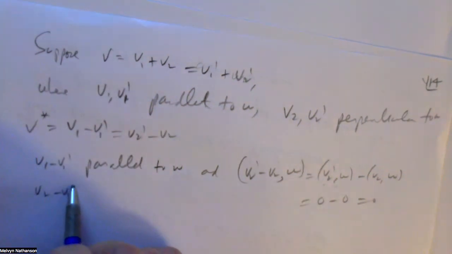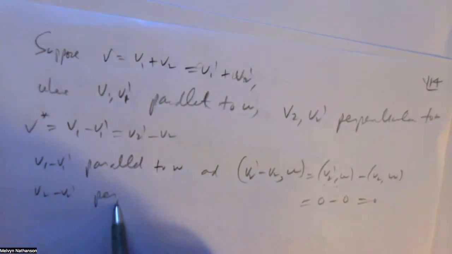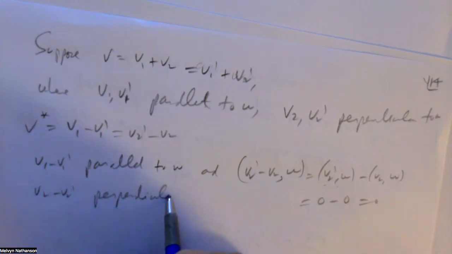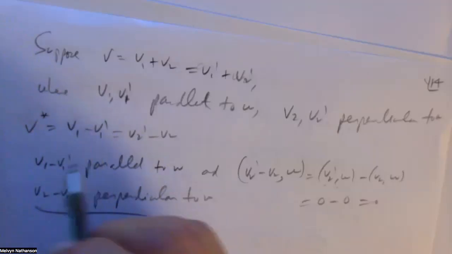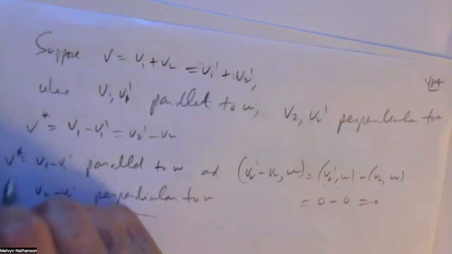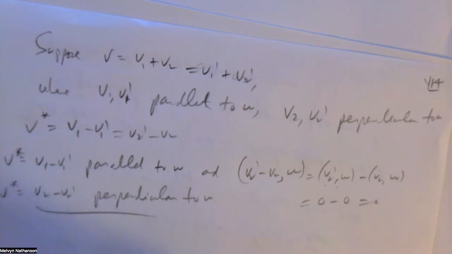So v2 minus v2 prime is perpendicular to w.